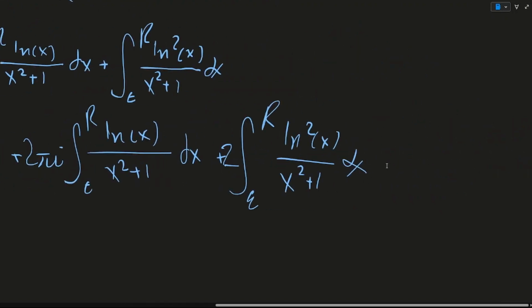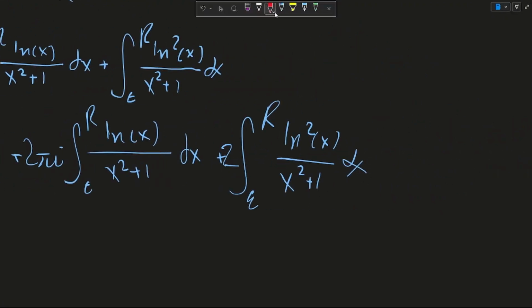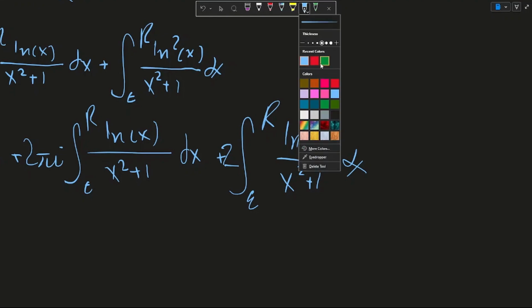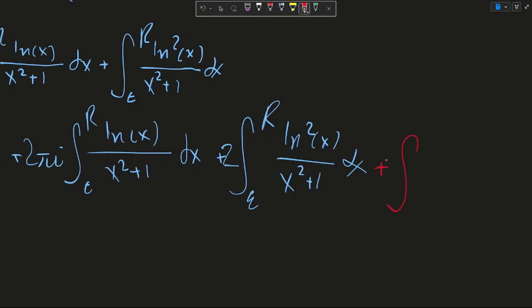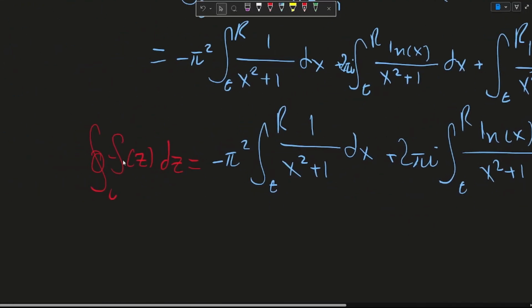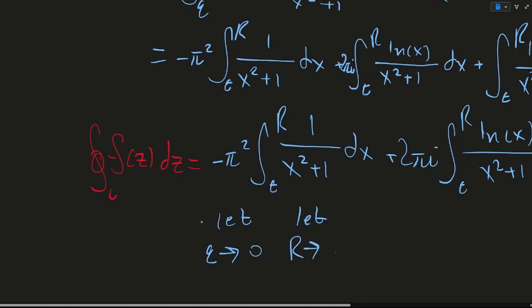And of course, we're forgetting our other integral along the curve little gamma, which is still in the imaginary plane, so that's also in this equation. And so what we want to do now is let epsilon approach 0 and we want to let r approach infinity.